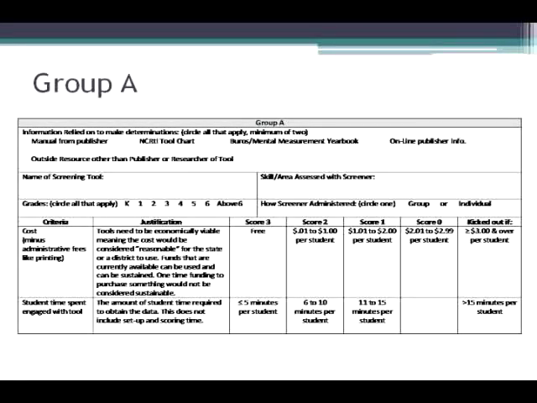The time spent of each student engaging with the tool was also an important consideration because the purpose of these tools, this is for universal screening. The determination was that the tool should not take an individual student away from instruction for too long.